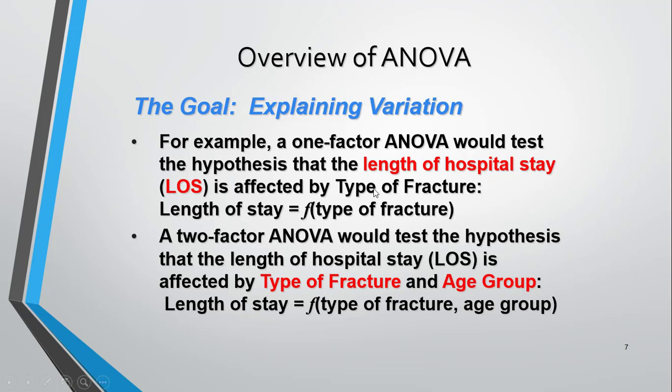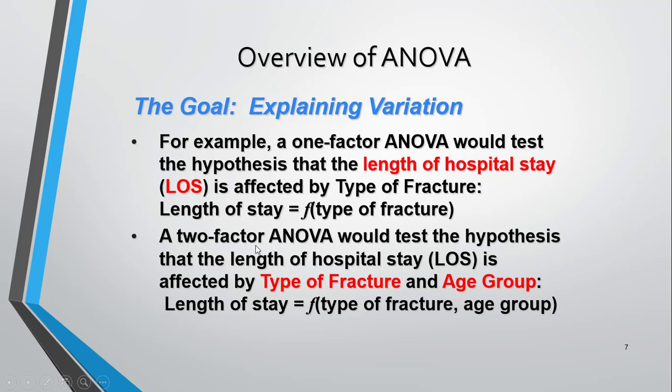Obviously, how long you stay in the hospital is affected by the type of fracture. If you have a hip bone fracture, you only need to stay for maybe a week. If you have a skull bone fracture, you may have to stay for a month or 2 months, right? So that's one-factor ANOVA.